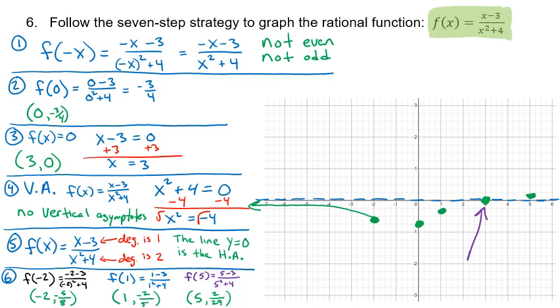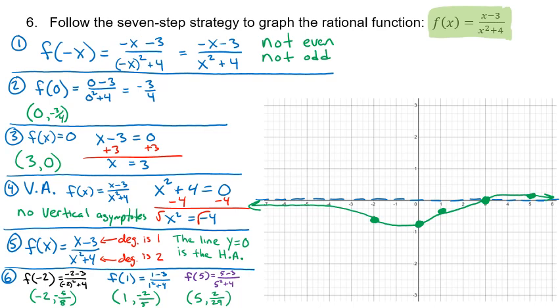X equals 3. So the graph cannot cross the x-axis anywhere else other than x equals 3. So it's got to go from this point to this point to this point to this point, cross the x-axis to this point, and then it's got to come back and follow that dotted line to the right.